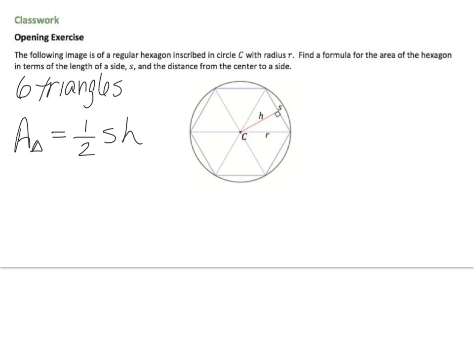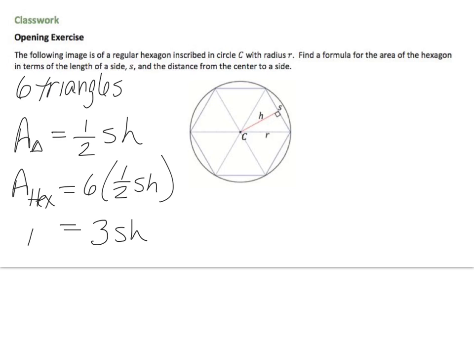Now, I have 6 of them, so the area of the hexagon is going to be 6 times 1/2 base times height, right? That simplifies to 3 times base times height. So the area of the entire regular hexagon, which is 6 triangles, is represented by 3 times s times h.